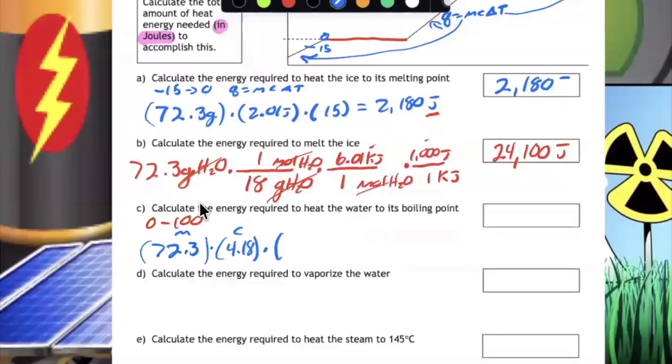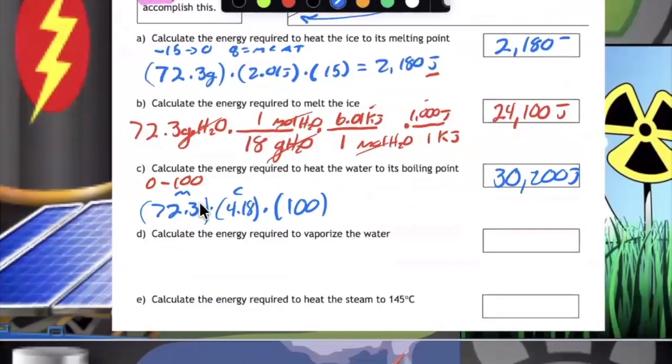And my delta T is final minus initial, so 100 minus 0 is 100. Okay, and if I put that into my calculator, I'm going to get 30,200 joules.